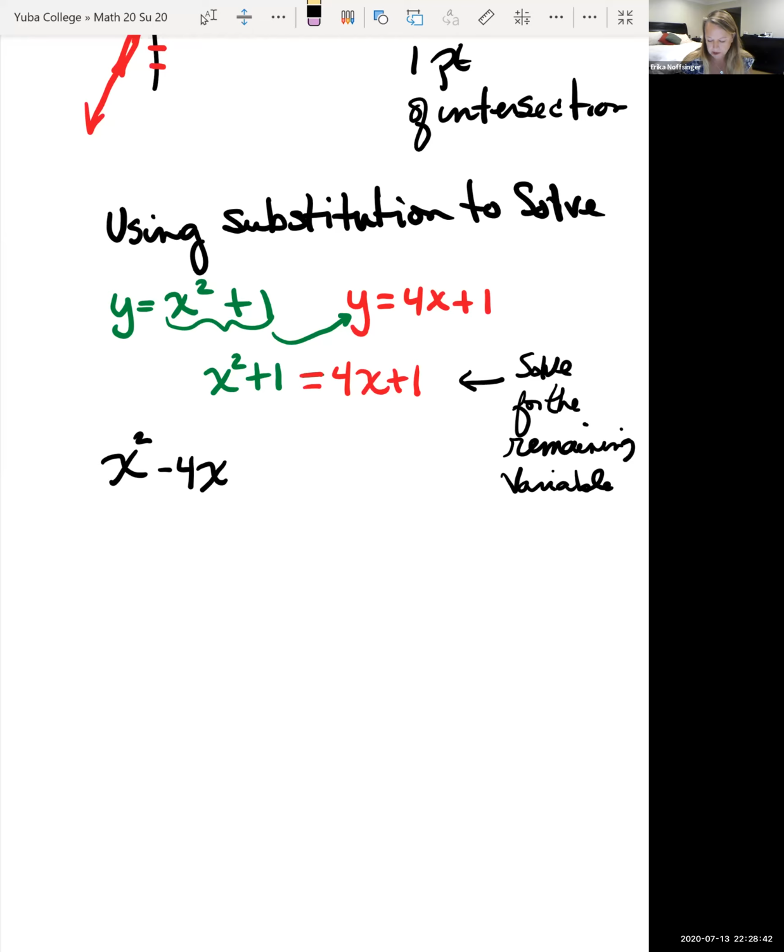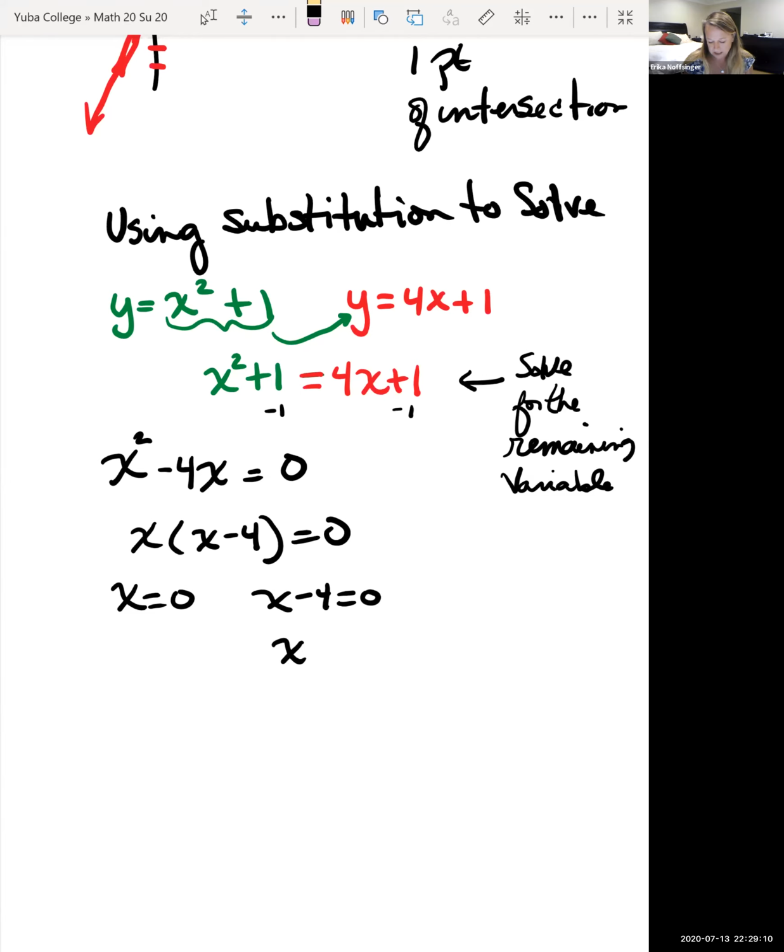And then I'm going to subtract 1 on both sides. Well, my constants then cancel and then equals 0. So this factors, I can pull out an x. Factoring out an x, I get x times (x minus 4) equals 0.